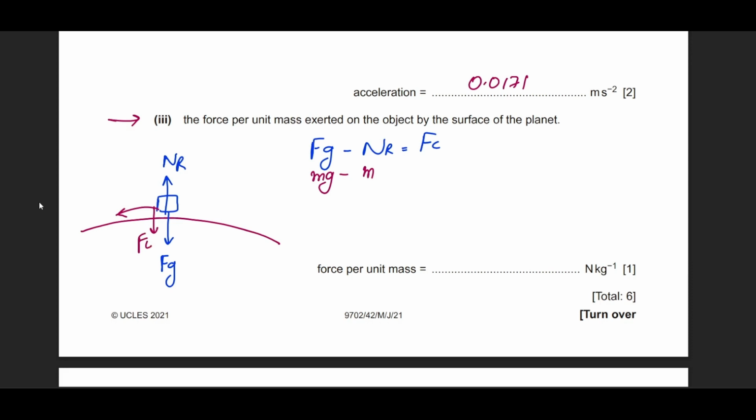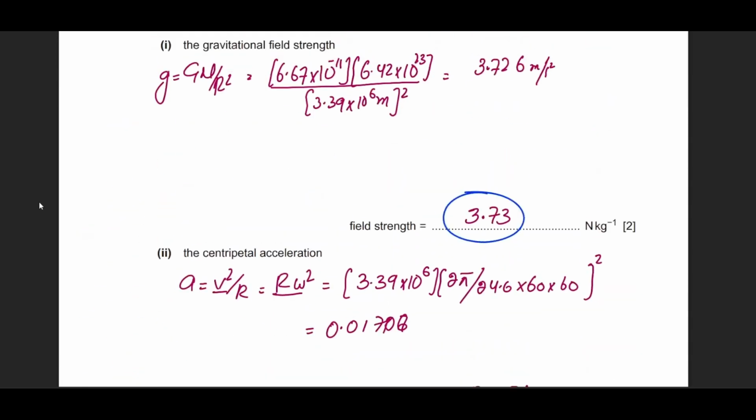So let's call this ma, acceleration due to the normal reaction, because of this direction of force, equals the centripetal force, which is mv square over r, which you just calculated in the previous part. Now we can see that the mass gets cancelled out from the whole equation. What we are left with is, sorry, not 9.81, but the gravitational field strength of this planet, which was 3.73.